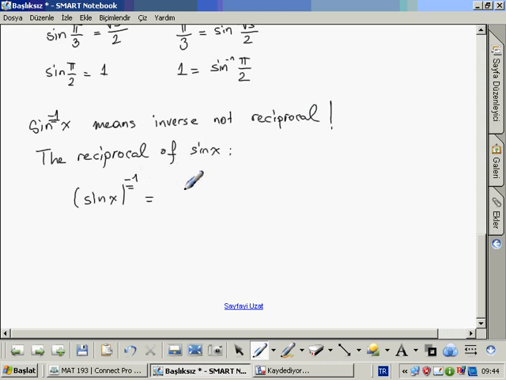So it will of course be 1 over sine x, which is equal to cosecant x. Don't forget it: inverse sine x does not equal the reciprocal of sine x.